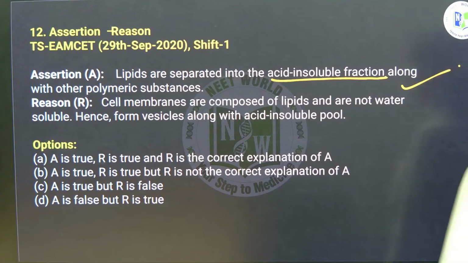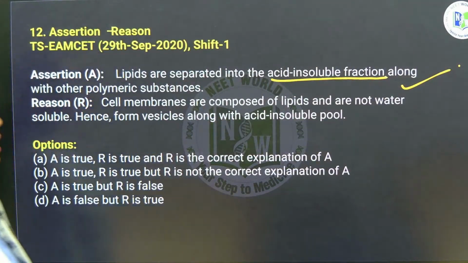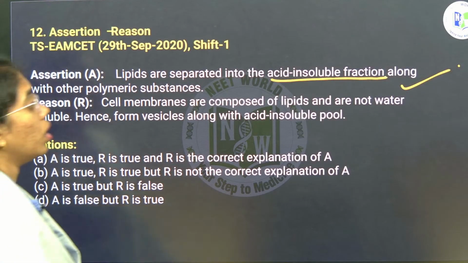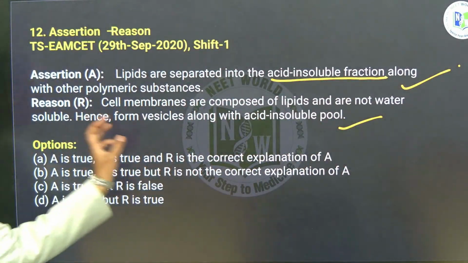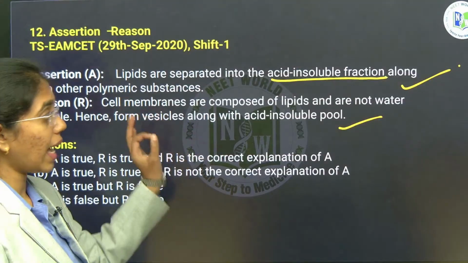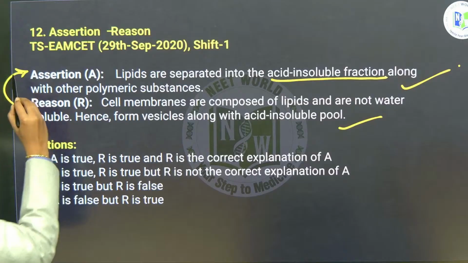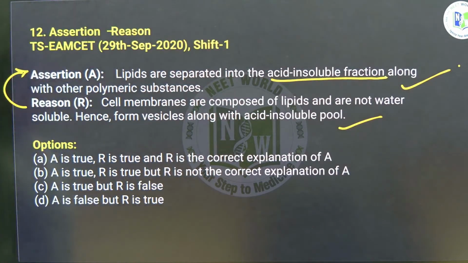Yes, lipids are not water soluble. Hence they form vesicles along with the acid insoluble pool. So, here it is a proper explanation of how and why lipids are obtained in acid insoluble fraction. Reason is clearly explaining the assertion. So, here what will be the right answer? A and R are true. R is the correct explanation of A.